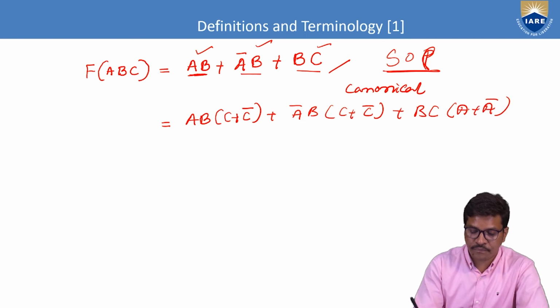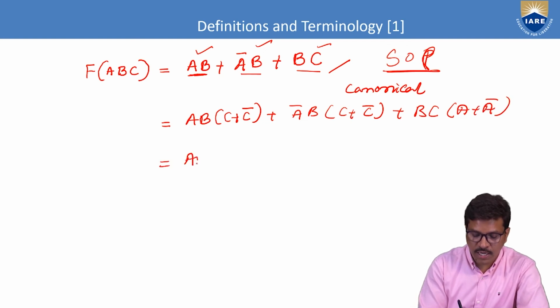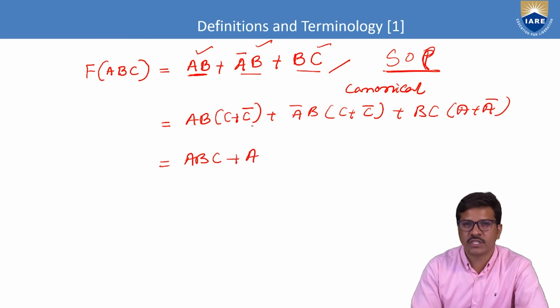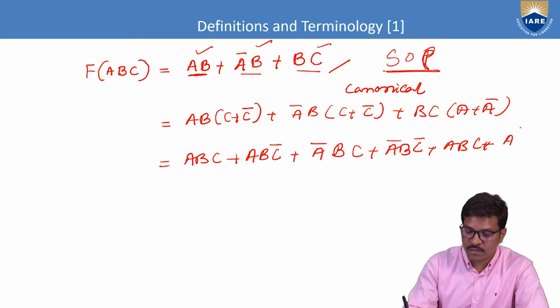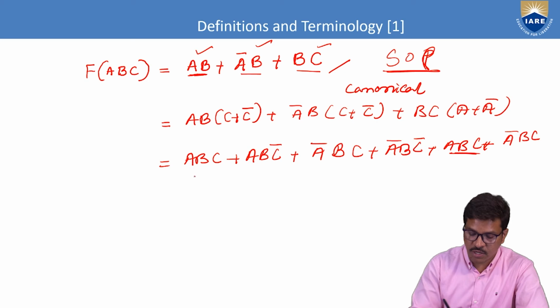We will get terms by distributing AB inside the bracket: ABC bar, A bar BC plus A bar BC bar plus ABC plus A bar BC. So ABC is already repeated.